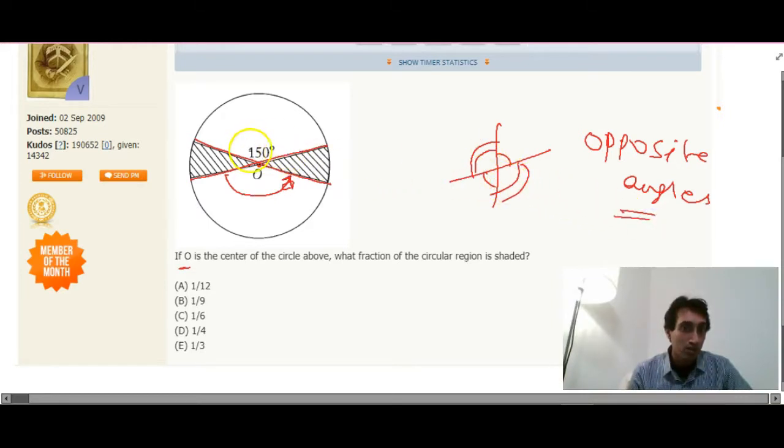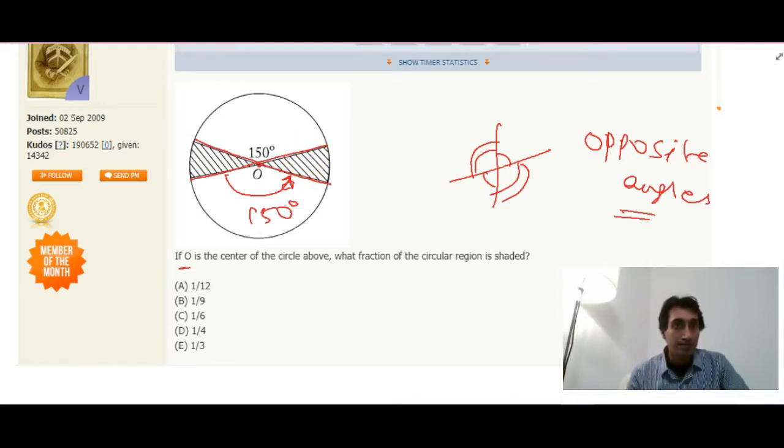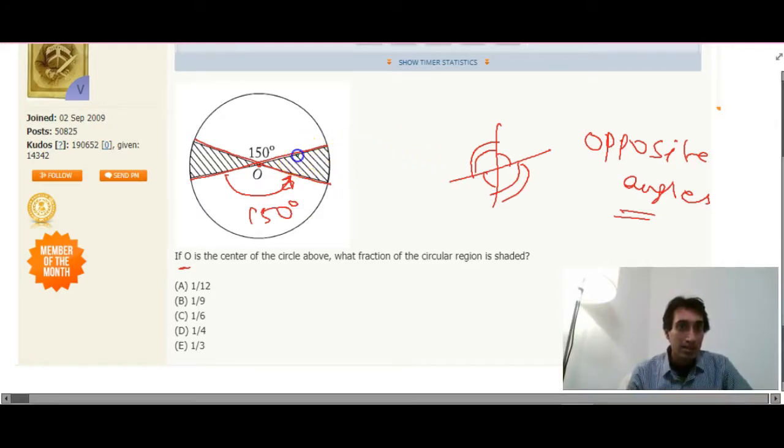So if this is 150 degrees, this has to be 150 degrees, and the angle in the shaded part also has to be equal. Now in any circle, the angle subtended is equal to 360 degrees.